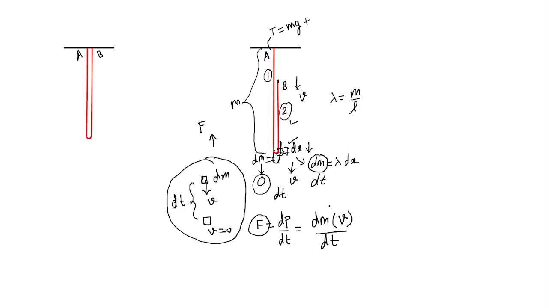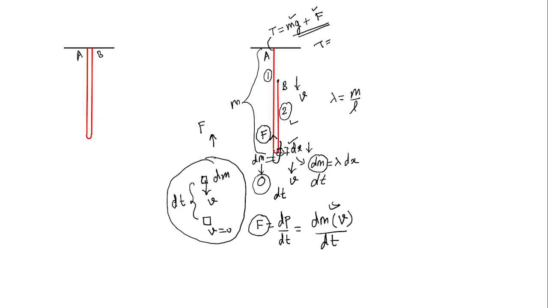Who has applied this force? Definitely this string has applied this force F. So this component will also be added to the tension at the upper end. That means the tension at the upper end is because of the hanging mass plus the impulse of the falling string at the lower end.